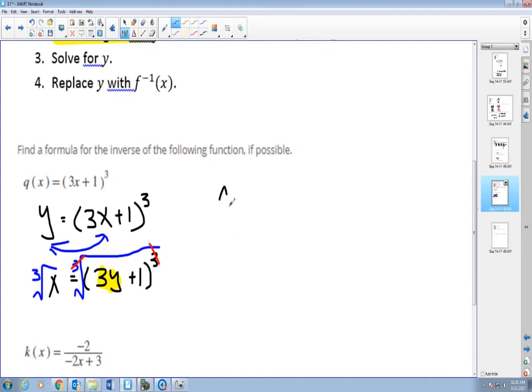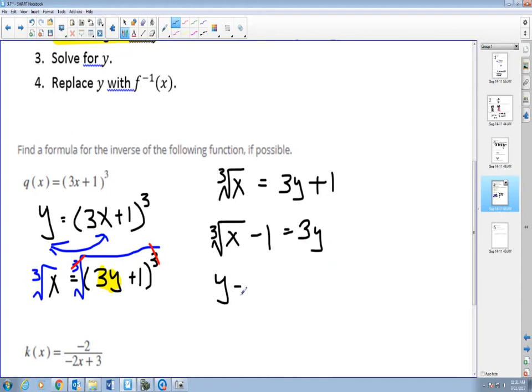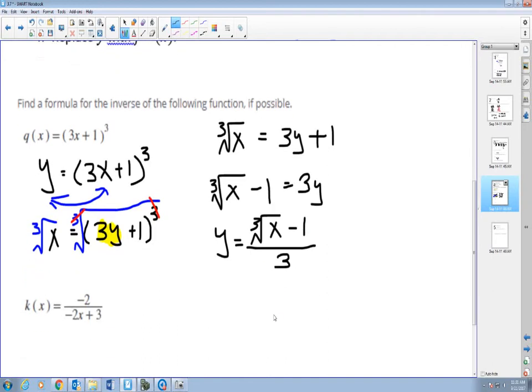So I will have the cube root of x set equal to just 3y plus 1. If I move the positive 1 over, that will be cube root of x minus 1 equal to 3y. Divide every term by 3 to get my y equal. So my y is going to equal the cube root of x minus 1, and both terms share the same denominator, 3.